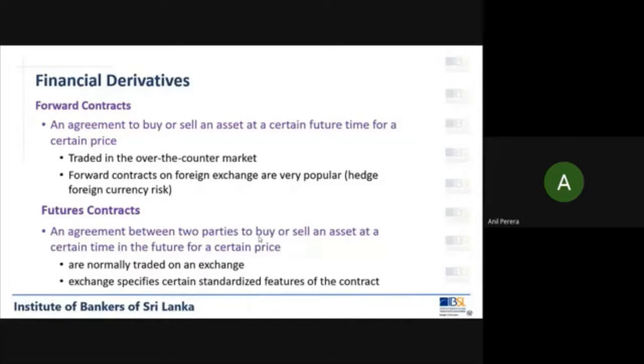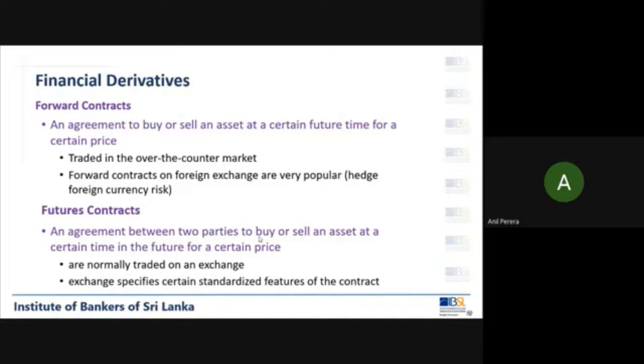But the only difference of a futures contract is that they are standardized contracts. Standardized means they are traded in exchanges.